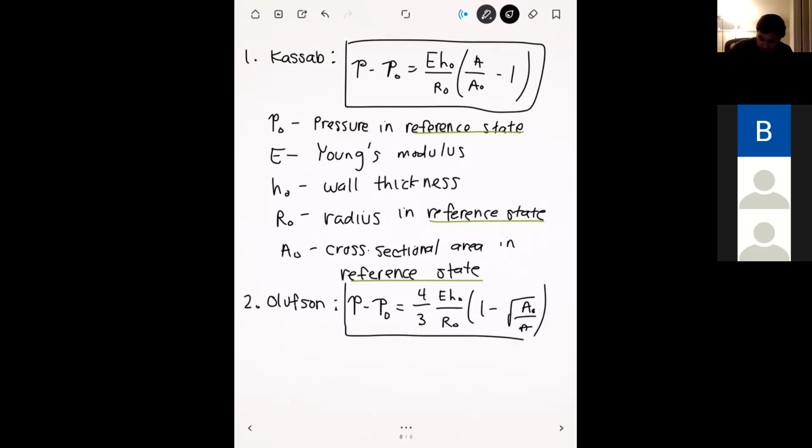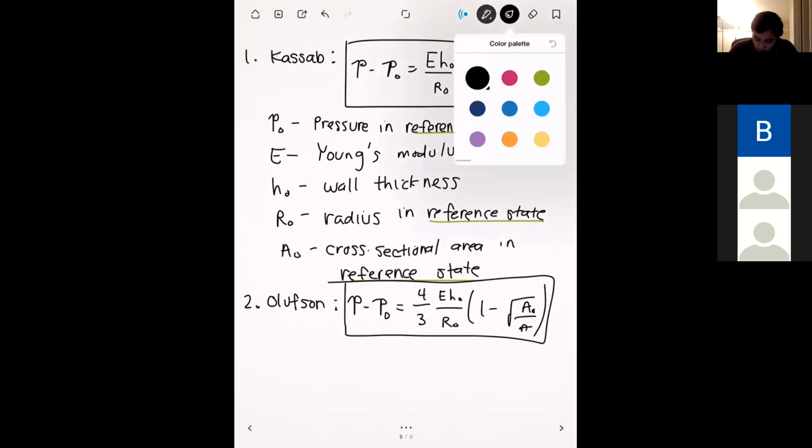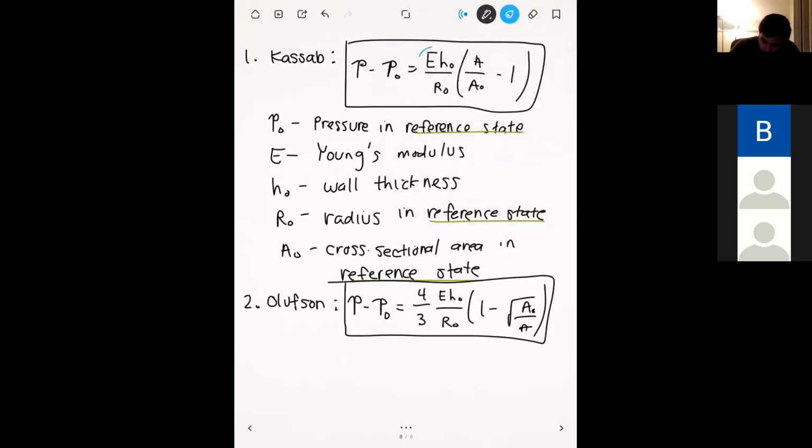And so, these exact equations, you don't have to remember, and you're not going to actually use these for anything. But I wrote them just to highlight some general trends, right? You can see that both of these equations have the Young's modulus in them, right? And so we can see that no matter what constitutive model you have, it's going to depend strongly on the material stiffness of the vessel wall.